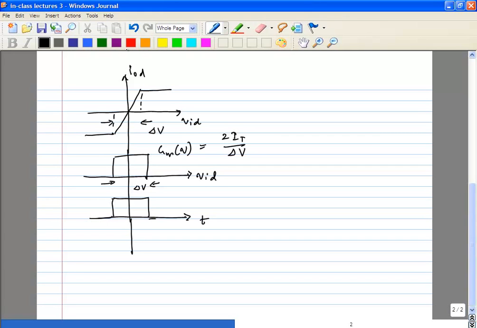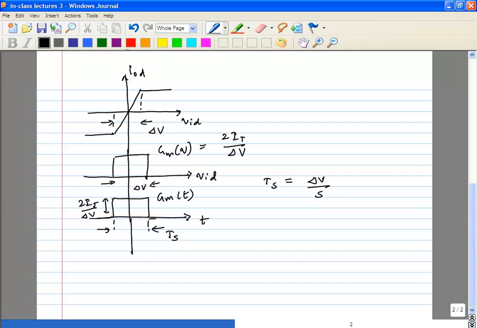At the switching instant you're going to have a large Gm, after that it will be 0, because the current is completely switched. And this is Ts. What is Ts? It's nothing but delta V over S.